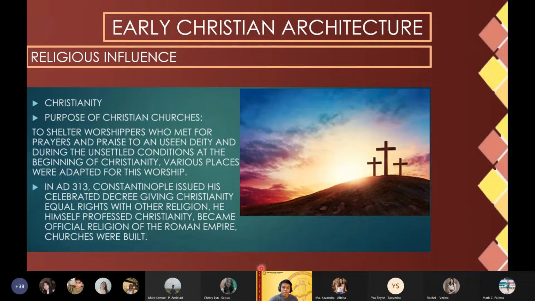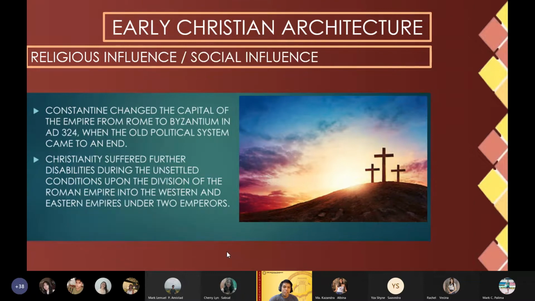Okay. Here, if you read this, it's all about Constantine and Constantinople. Constantinople is a place, right? Later on we will check exactly where Constantinople is. Another religious or social influence is Emperor Constantine.